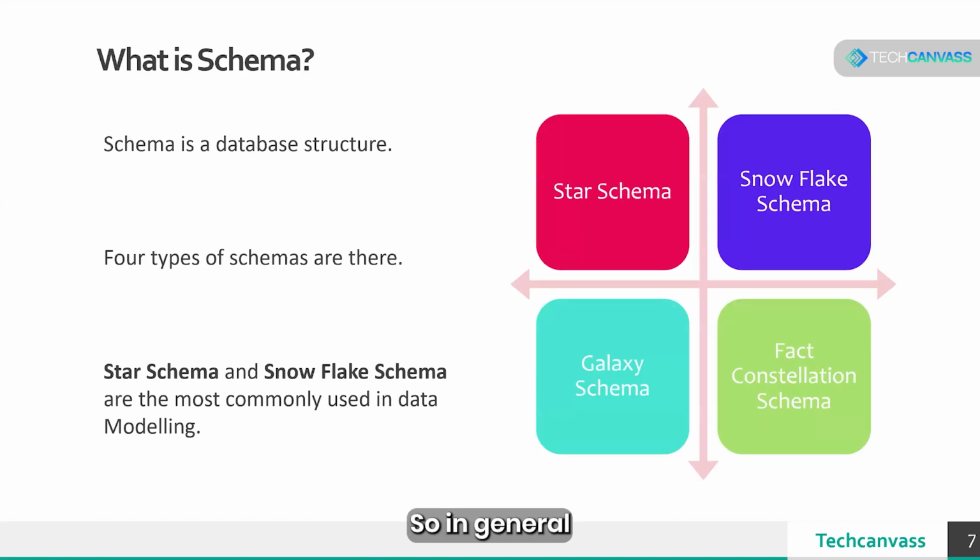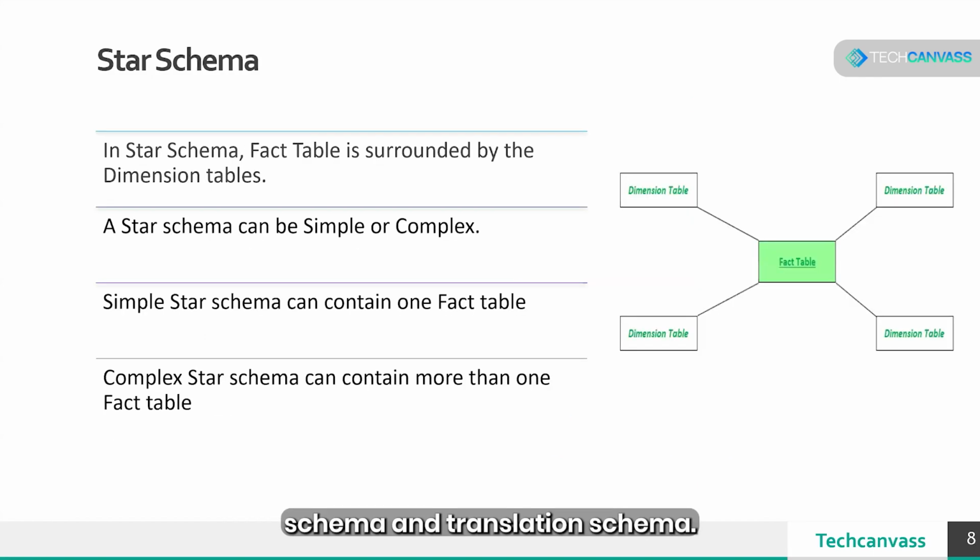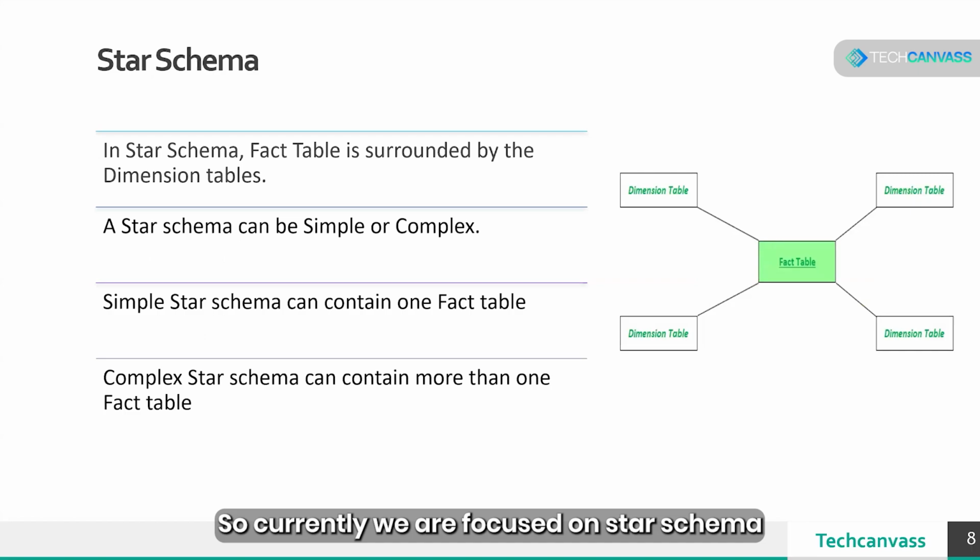In general, there are four types of schemas available: star schema, snowflake schema, galaxy schema, and fact constellation schema. Currently we'll focus on star schema.